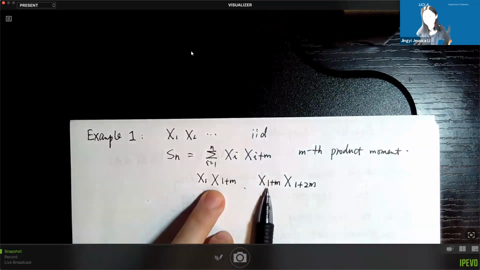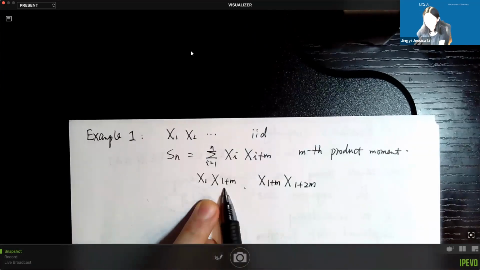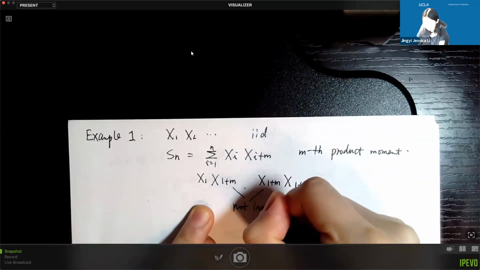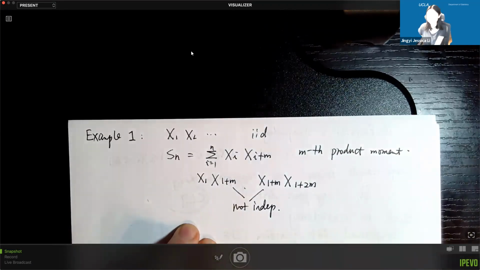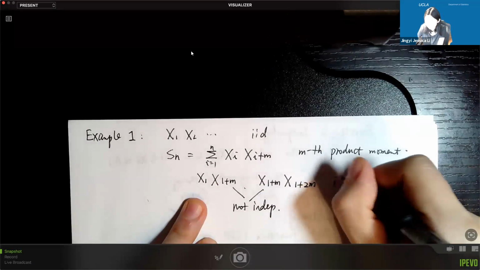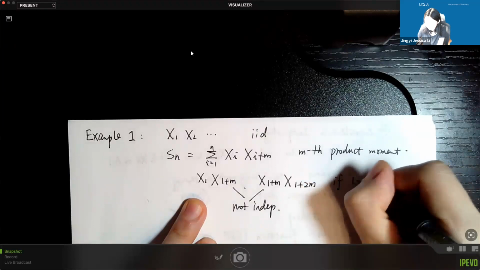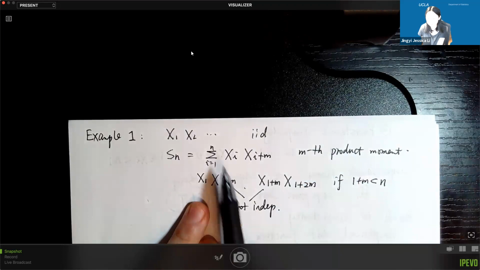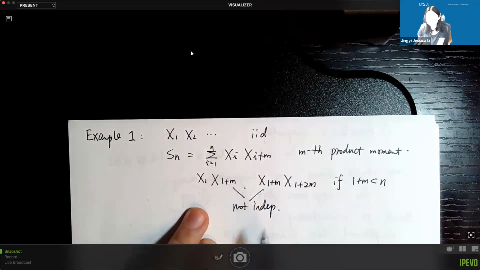If they share x1 plus m, then they are not independent. If 1 plus m is less than n, then both terms will appear in my summation for Sn. So I cannot simply assume they are independent, and I cannot simply apply the central limit theorem.